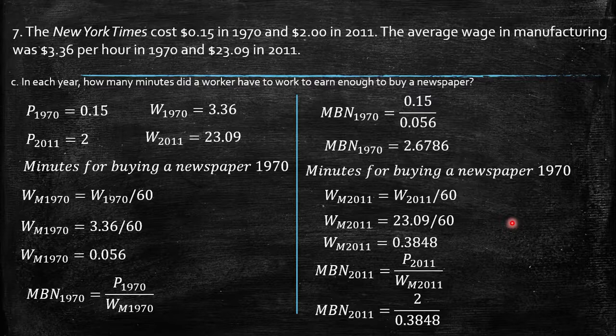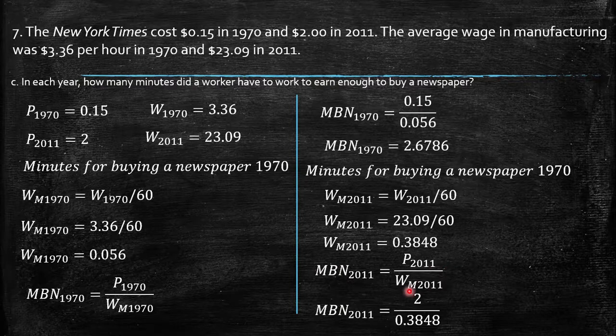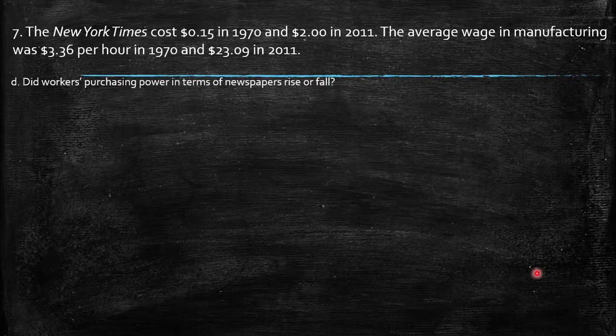And then the minutes for buying a newspaper should be the price of 2011 over the wage in minutes in 2011. So then you have 2 over 0.3848. So then you need in 2011 5 minutes to buy a newspaper. Did workers' purchasing power in terms of newspapers rise or fall?